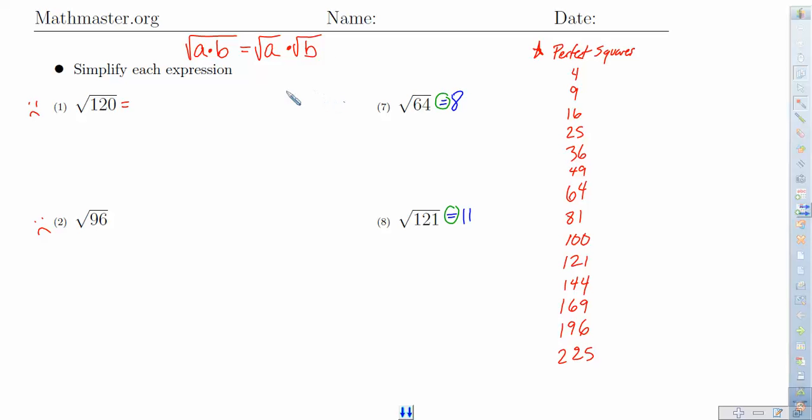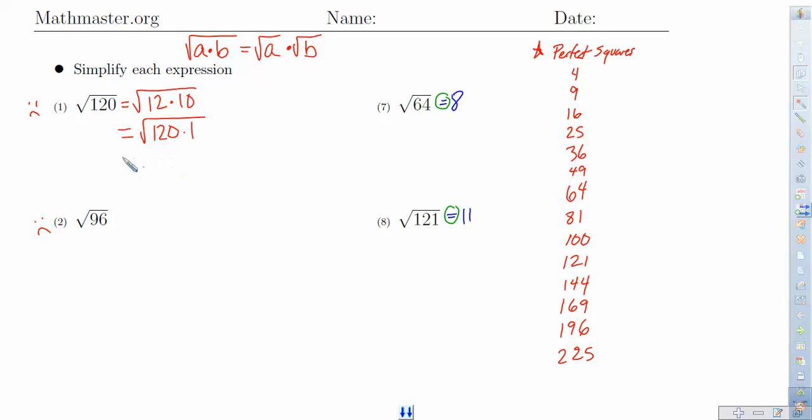Okay? For example, if I look at the square root of 120, this right here, me breaking down 120 into, say, I don't know, let's do 12 times 10. No harm, no foul, because last time I checked, 12 times 10 would give you 120, right? No harm, no foul. I could call this 120 times 1.